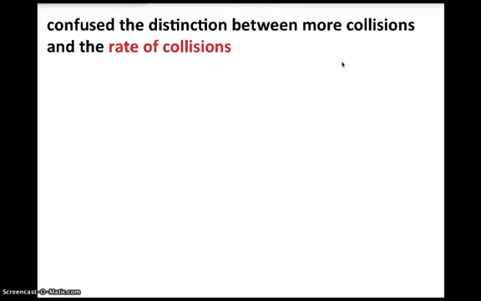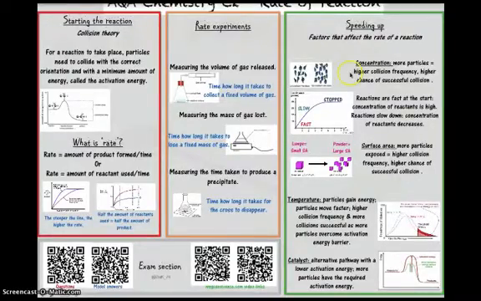Again, it's the language, but when you're talking about the rate of reaction and talking about the fact that there are more collisions, which is why something speeds up, it's not just that there are more collisions, it's that there are more collisions in a certain time. So it's actually the frequency of the collisions that's increasing.